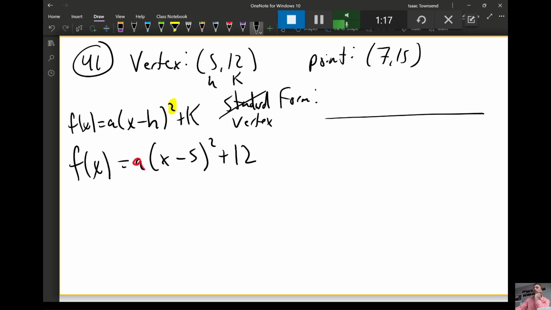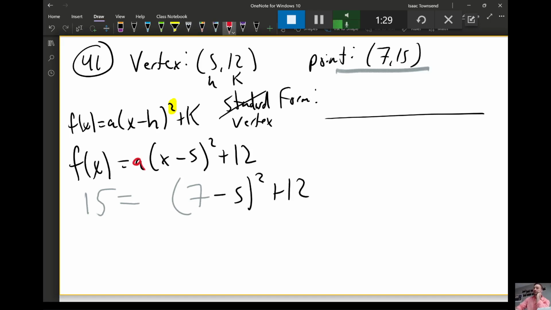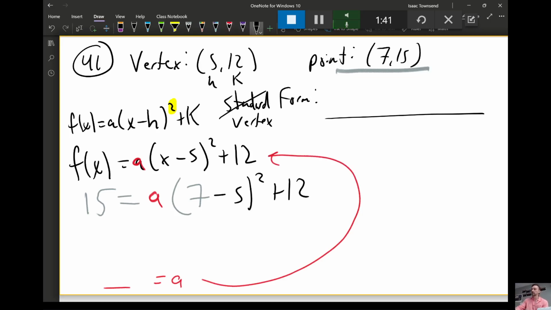What we can do is use this point and temporarily plug in 15 for y and temporarily plug in 7 for x. That gives us an equation where all we're missing is a. So if we finish solving this for a, we can plug that back up here and we will have our answer.